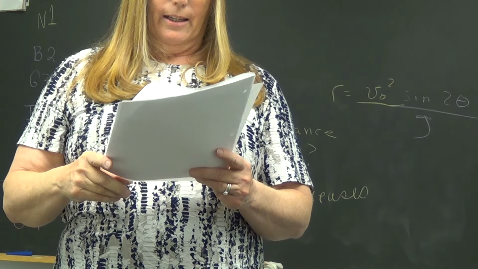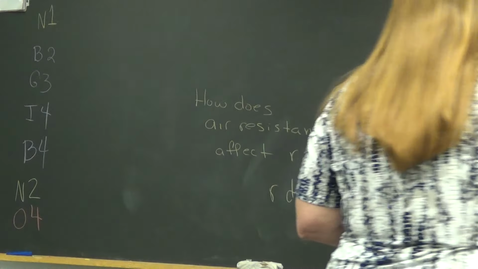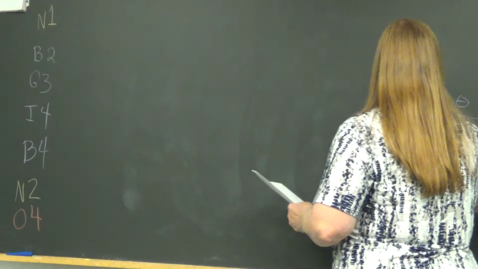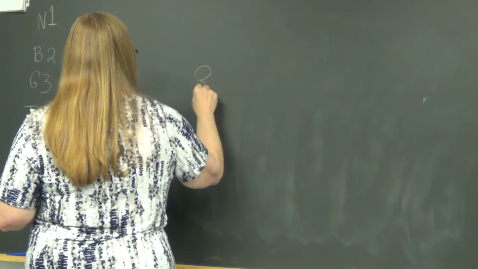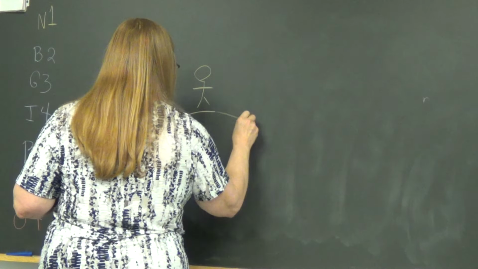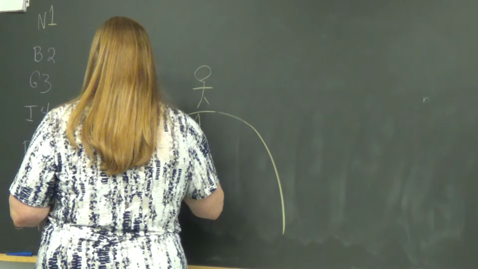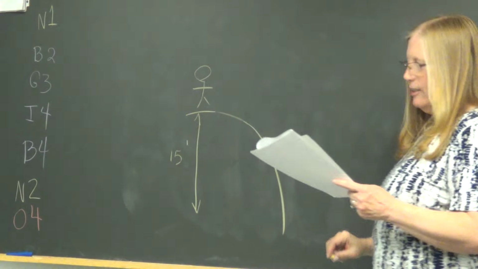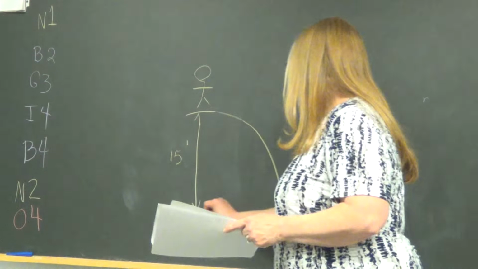Okay. The boy stands on a hill. The hill is 15 foot high. The boy stands on the hill, it's 15 foot high, and he's got a slingshot there, and he's going to launch a rock at a target that's 108 feet from the base of the hill.